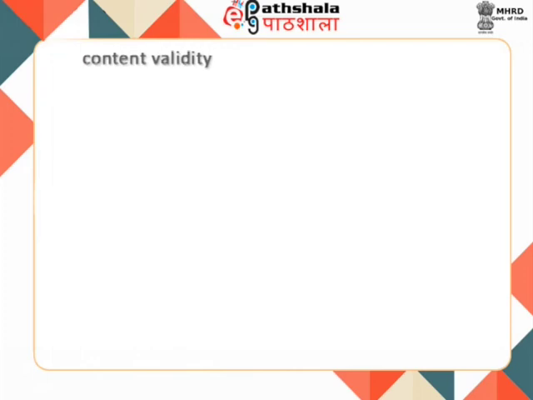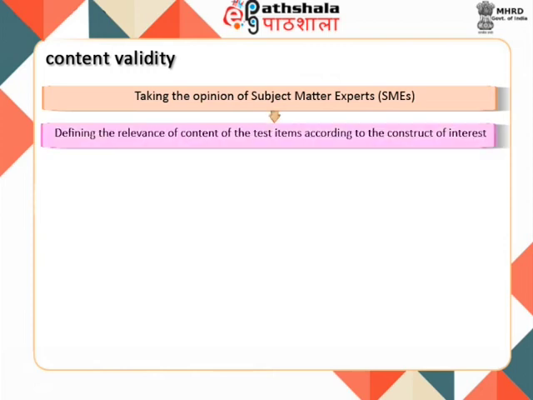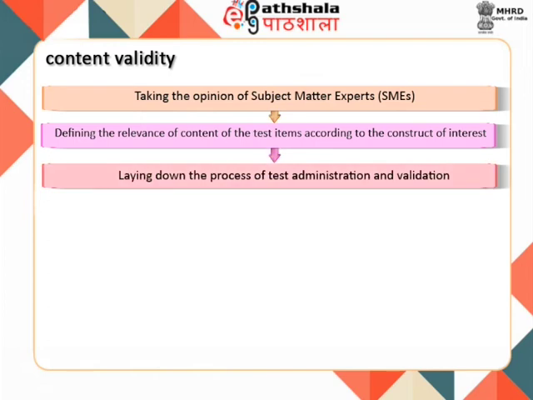Another subjective method of establishing the validity of test items is by taking the opinion of subject matter experts. They help in the validation process in a dual way, by accurately defining the relevance of the content of test items according to the construct of interest and by laying down the process of test administration and validation.